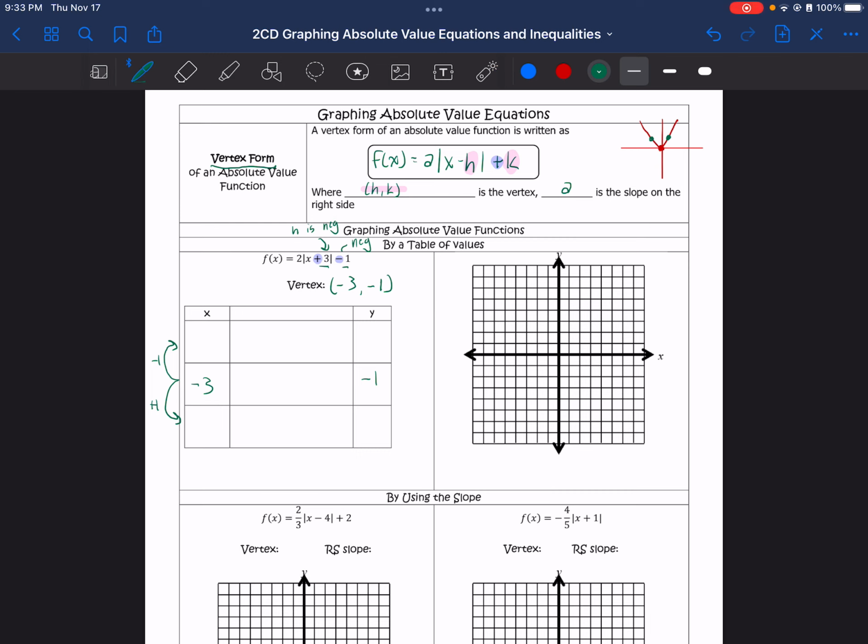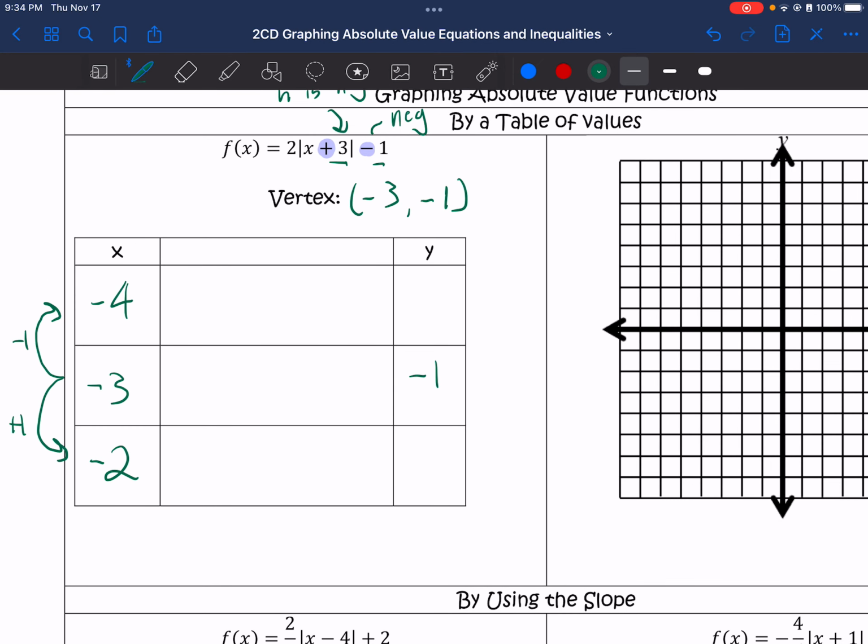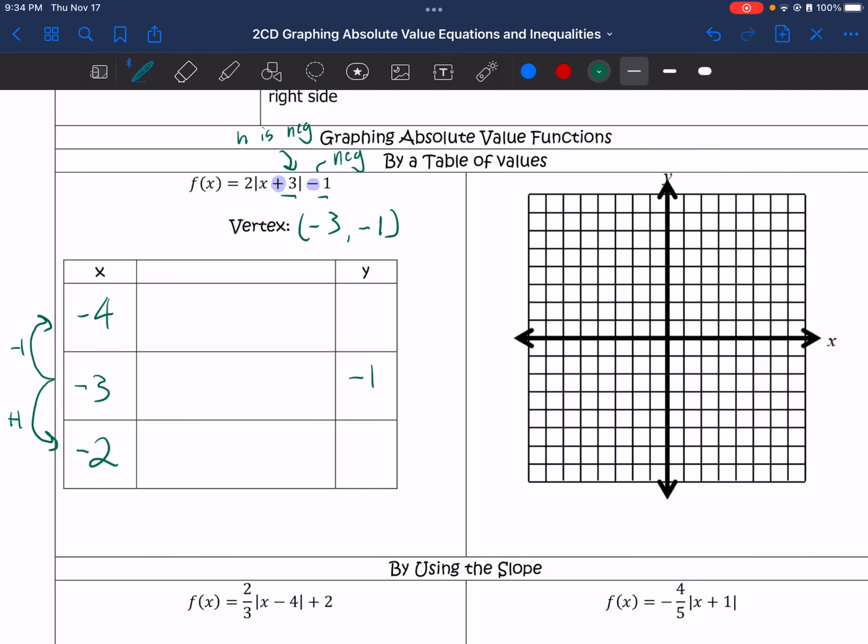So we have now, by subtracting 1 from -3, we get -4, and by adding 1 to -3, we get -2. So now we want to find the y values of these specific x values. Remember, a function is practically a machine where x is an input and f of x, or y, is my output.